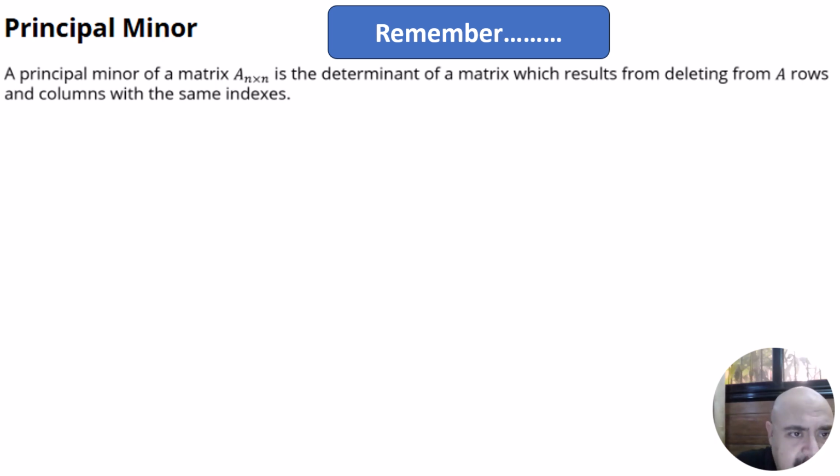A principal minor of a matrix is the determinant of a matrix which results from deleting one row and the column with the same indices. And that's how to identify the principal minors.